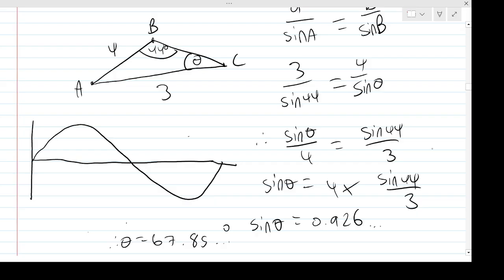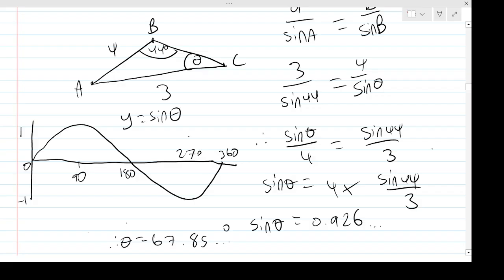Obviously it starts from 0, then 90 degrees is at the top of the hill, which is when sine theta is 1. So this is the graph of sine theta. Then 180 is there when it dips back to 0. Then 270 is here when it dips below to -1. And then it goes back again at 360.